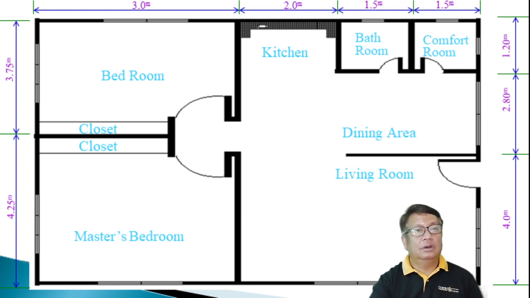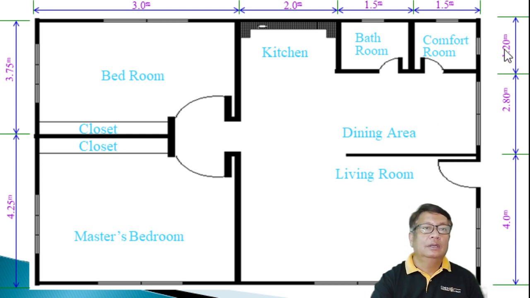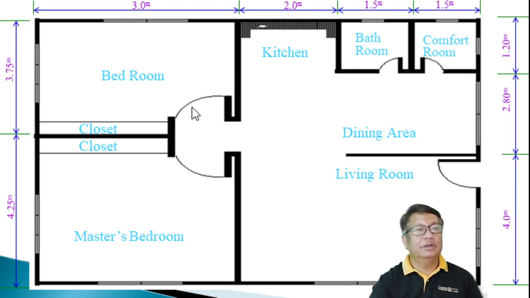So like for example, our comfort room, we have also this, the opening of the door. For our bedrooms, this is the opening of the door. So that, as I've said, we will know where to place our switches.